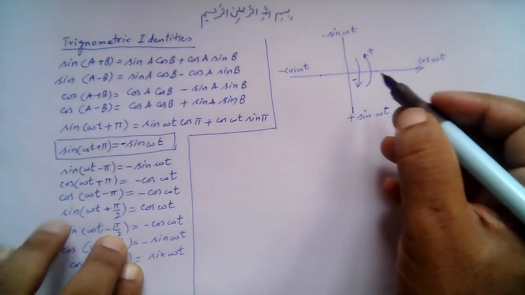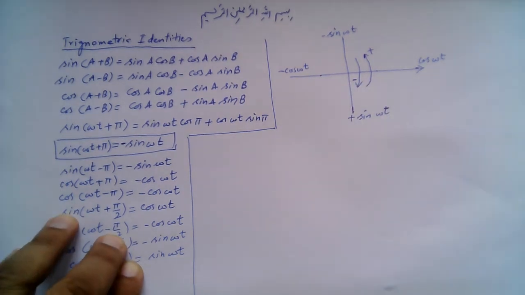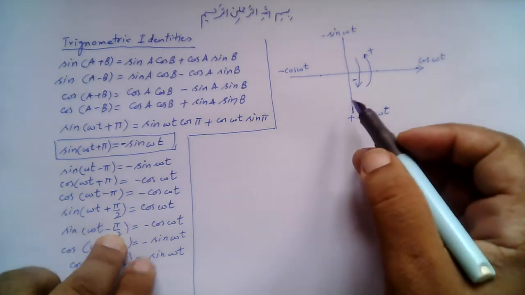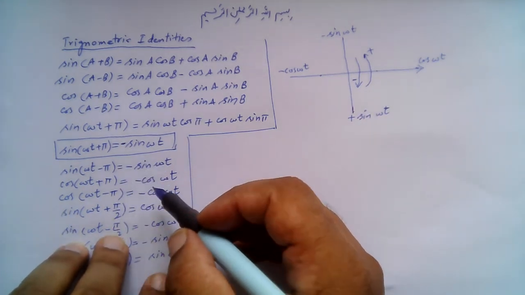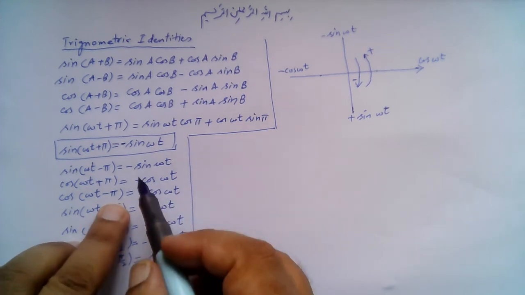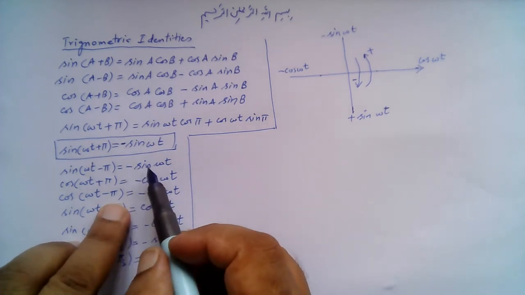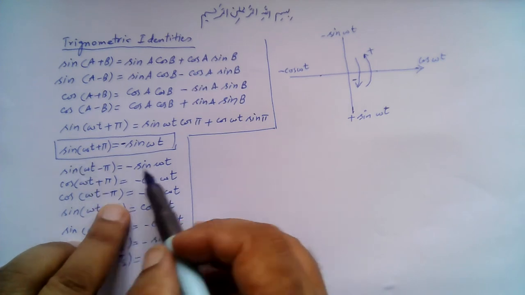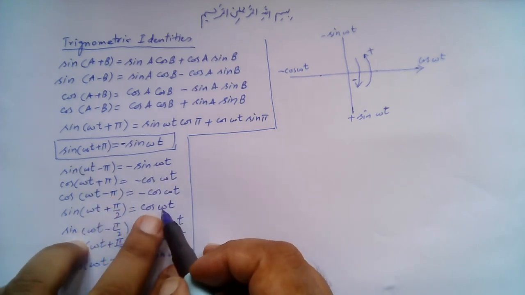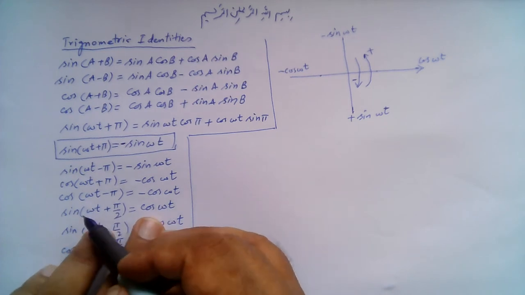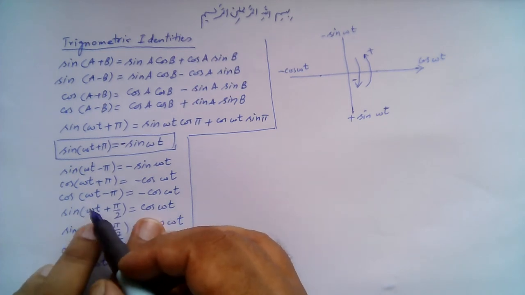So we can use this graph also to calculate these values. And also remember that if we want to calculate the reverse, for example, we are at cosine omega t, and what will be the equivalent function in the form of sine?